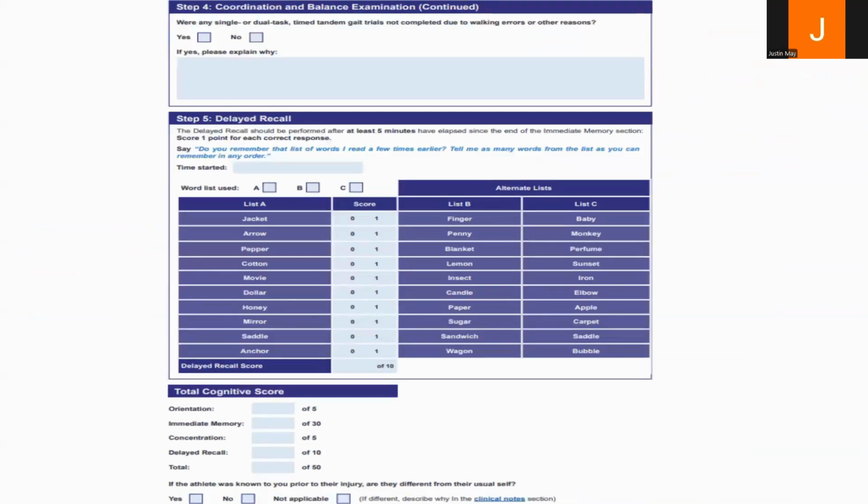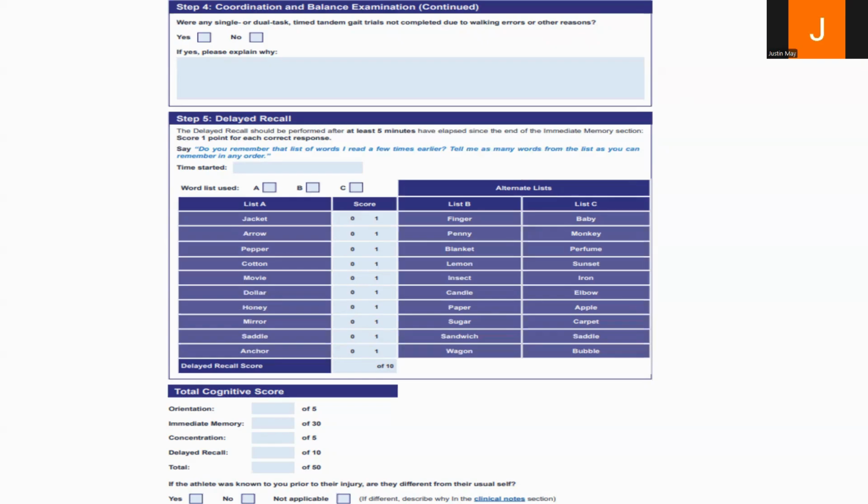And then we end the coordination and balance examination by writing whether they did any dual task or single task exams, yes or no. We then, after 5 minutes have passed from our first recall, the cognitive screening, we'll go back and have them try to repeat back as many of the words from the first list that we read to them, in order or in any order.